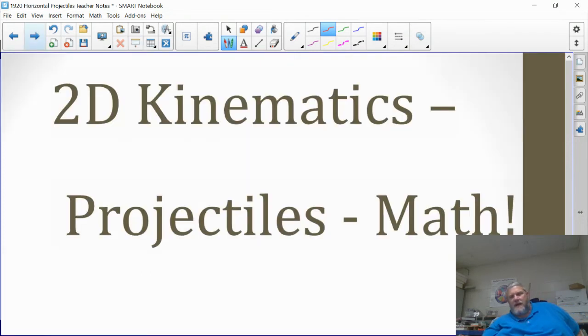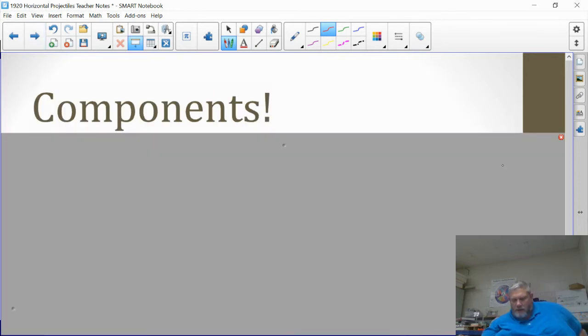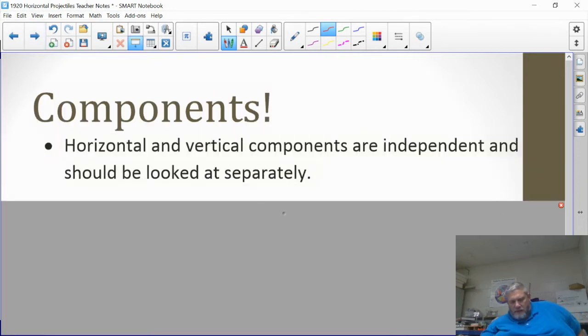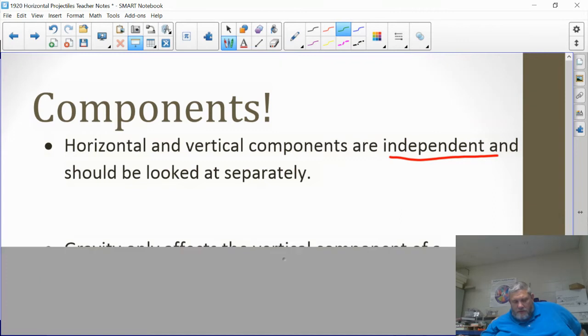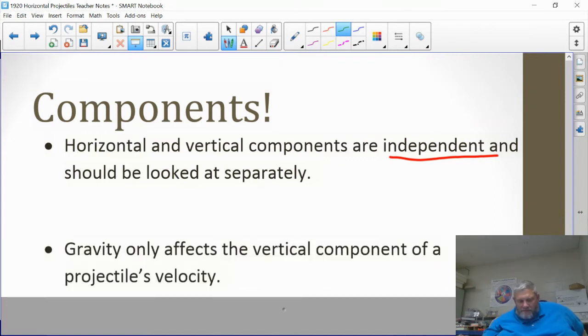All right, so let's do the math now with 2D projectiles. Components again. Remember that the horizontal and vertical are independent, and we should look at them separately, and that gravity only affects the vertical component of the velocity.